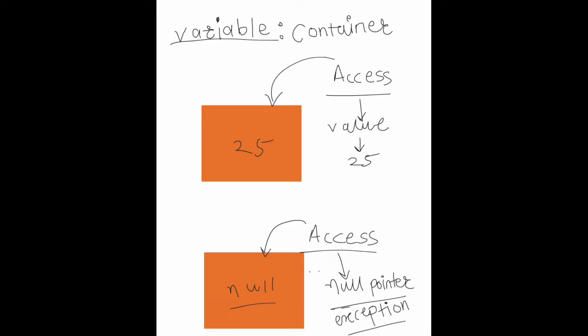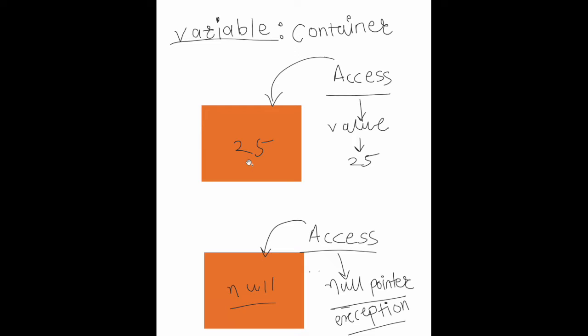So let's start. A variable, as I show here, is nothing but a container which is useful to hold any value. Let's say I have a variable of type int, then it will hold some integer value, like 25 here.